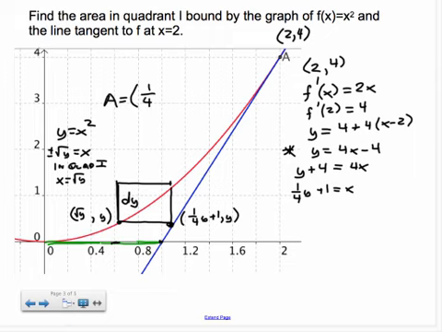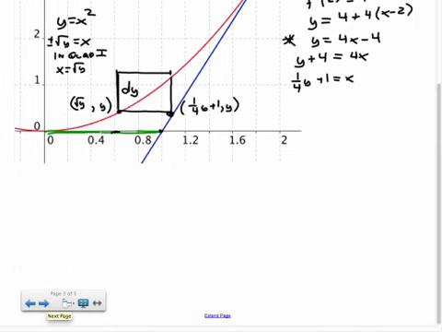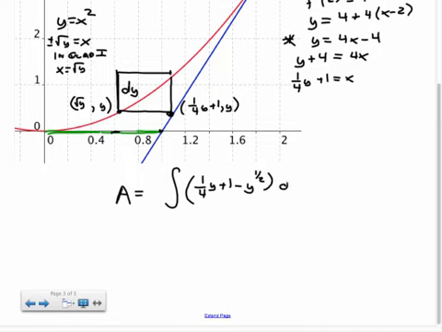So (1/4)y + 1 is the right x-coordinate. Subtract the square root of y, and then I'm going to multiply by dy. That's the area of a representative rectangle. And so now the area of the entire region is going to be the integral of that expression. So the integral of (1/4)y + 1 minus the square root of y, but I'm going to write that as y^(1/2), times dy.